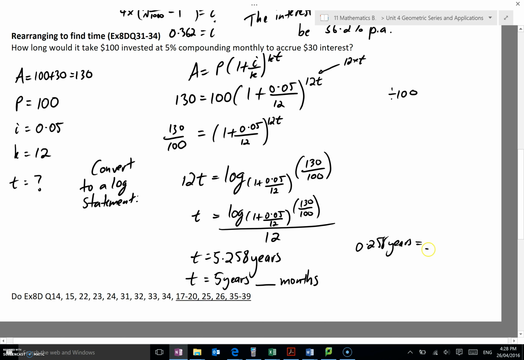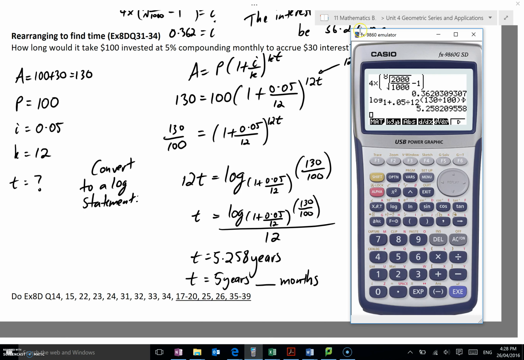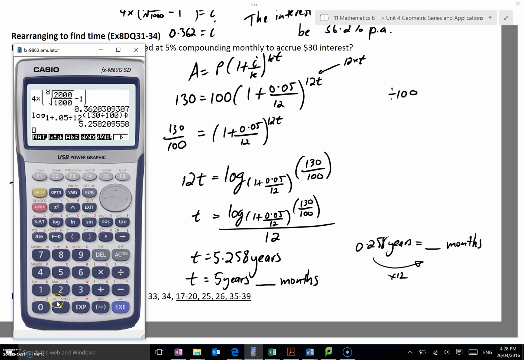What is this in months? Well, in 1 year there's 12 months, so I should multiply this by 12. So grab my 0.258, times it by 12. So the fraction of the year that I have times the number of months in a year gives me 3.096 months.